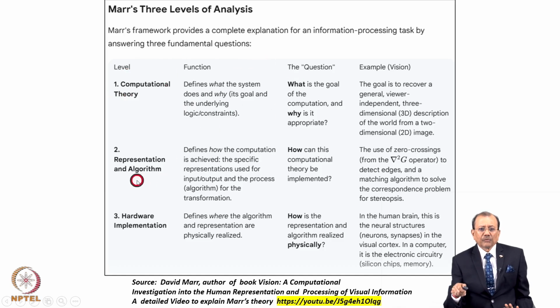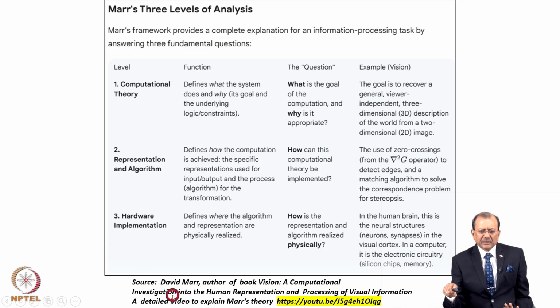Then, what for, to achieve that goal, what kind of algorithm we require, and to implement the algorithm, what kind of hardware is required. So basically the whole life cycle of this computer vision camera, which we call software and hardware, works in three layers: computational layer, algorithm layer, and hardware layer.